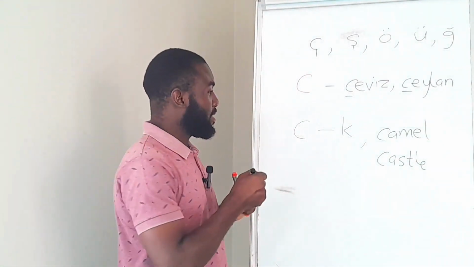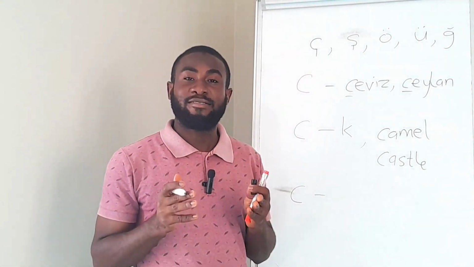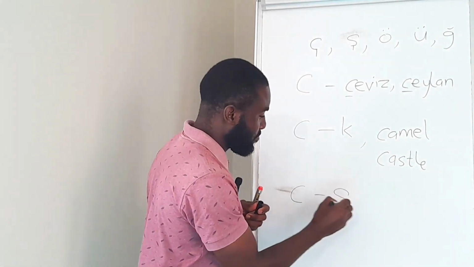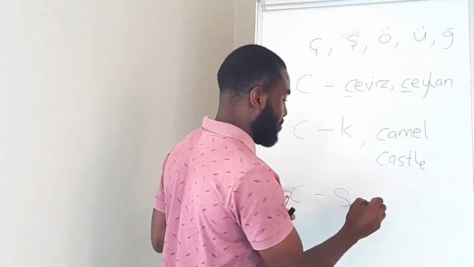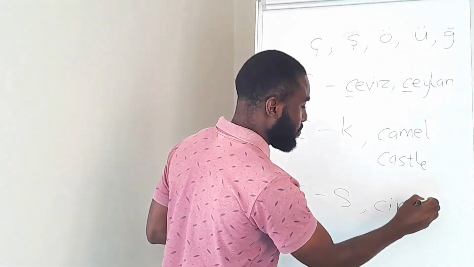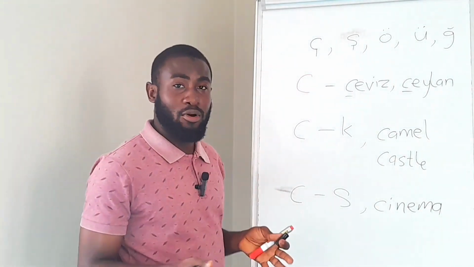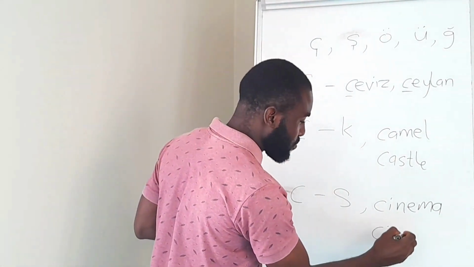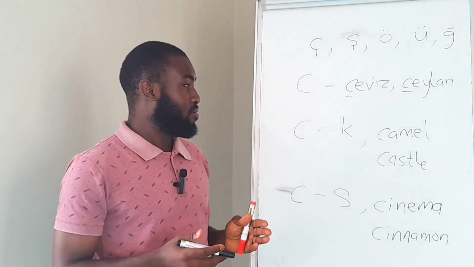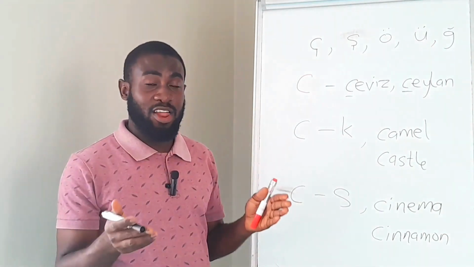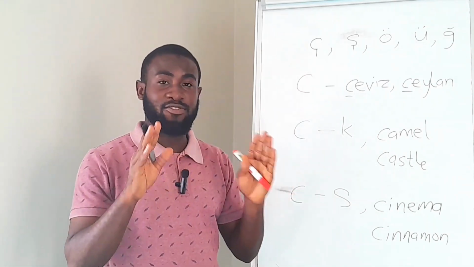And this letter C can also be pronounced as S, as in cinema or cinnamon. But in Turkish, anywhere you see this letter, that is how you pronounce it: J, all the time.